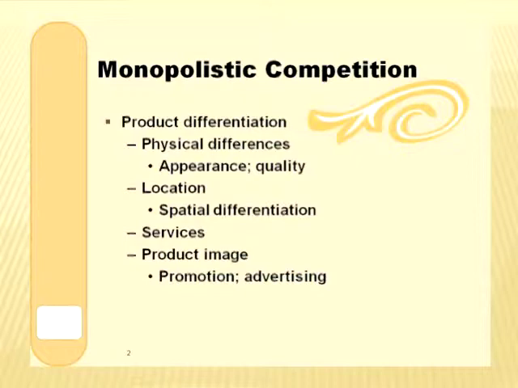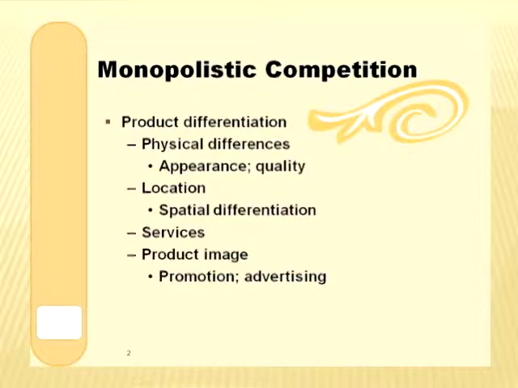They also can differentiate their product by location, by putting it in a different place. So if you look at a gas station that's close to the interstate versus a gas station that's close to a neighborhood, they're basically selling the same product, that is gas, but they're selling it at two different locations, and so there's a locational difference.